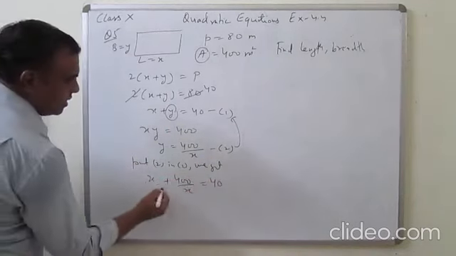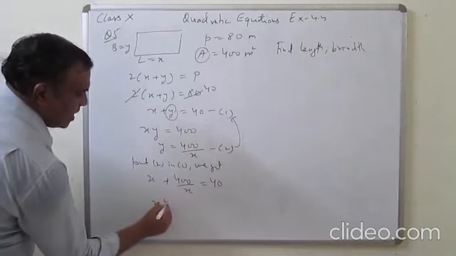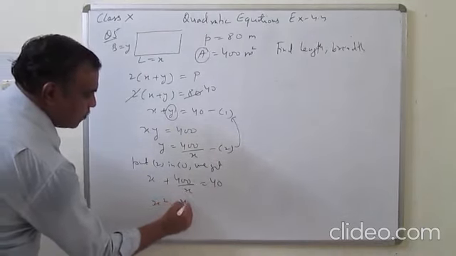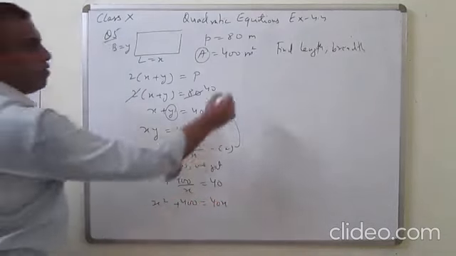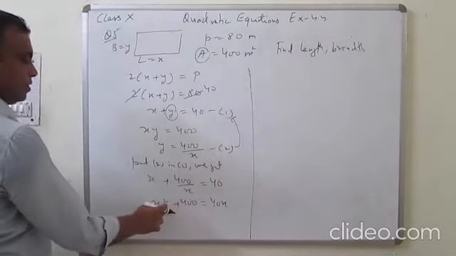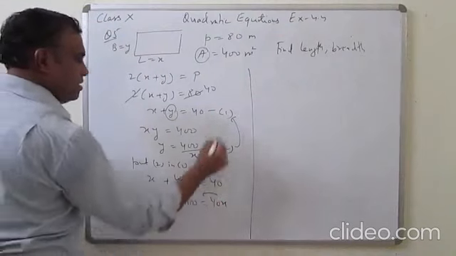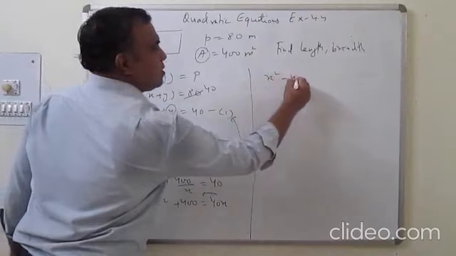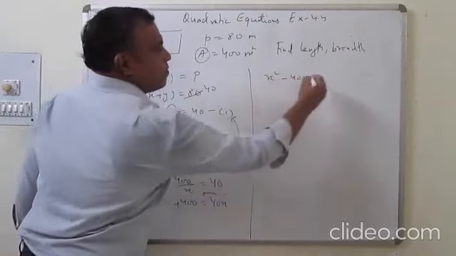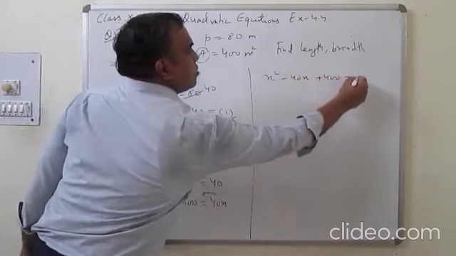Now take the LCM x, so it becomes x square plus 400 is equal to 40x. Now transpose it, bring 40x to this side, in standard form: x square minus 40x plus 400 is equal to 0.